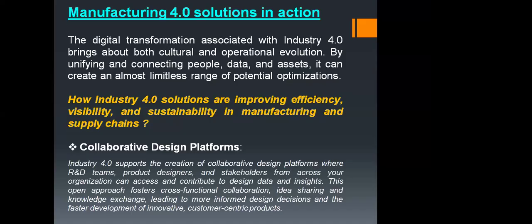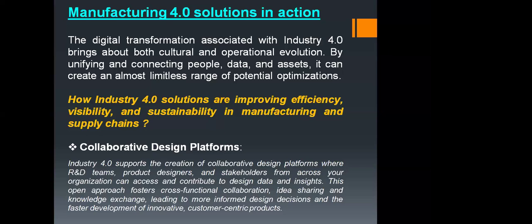The digital transformation associated with Industry 4.0 brings about both cultural and operational evolution. By unifying and connecting people, data, and assets, it can create an almost limitless range of potential optimization. So integration not only in the process, asset, or equipment, but also in data and in connecting people. Everything should be integrated in Industry 4.0.